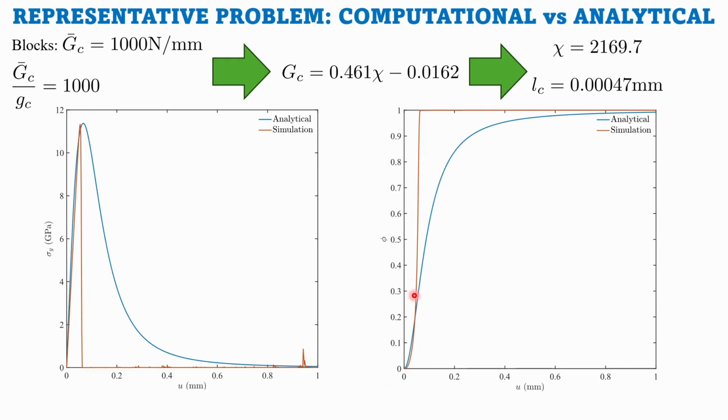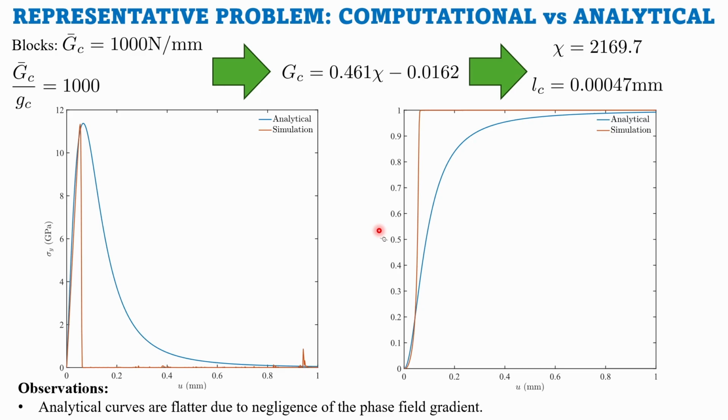In this blue curve, we see a gradual increase from 0 to 1. I hope these two curves and this example are clear. I will explain one more example. We observe analytical curves are flatter due to neglecting the phase field gradient, as I said.